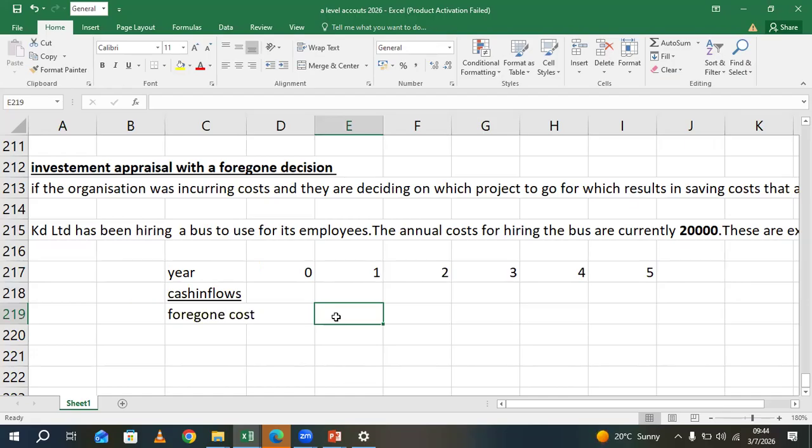So from year one, the costs are currently 20,000 and we're expecting them to increase by 10%. So next year the costs will be 20,000 times, you add 10%.